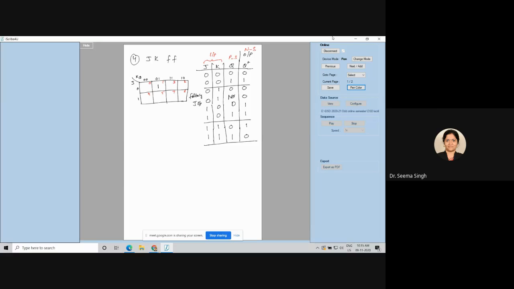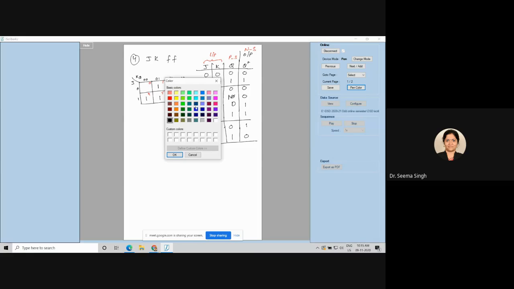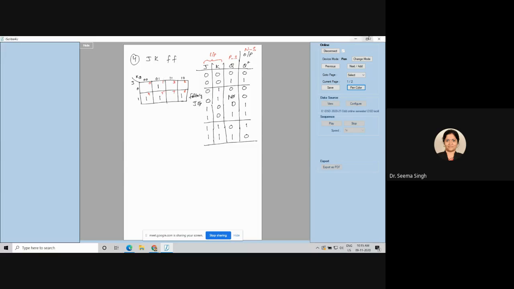Which cells are 1? Tell me. 1 is there, then 4, 5, 6, right? So 1, 4, 5, 6. One pair, next pair.